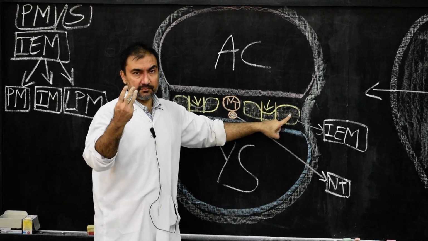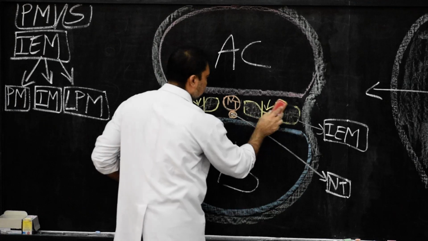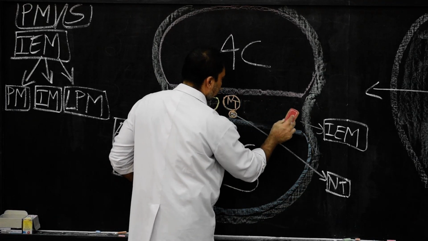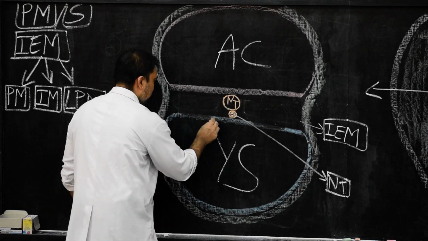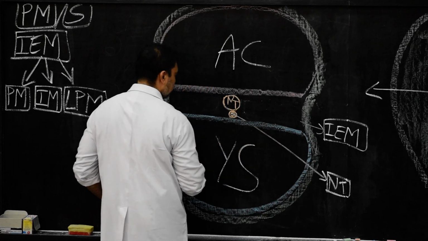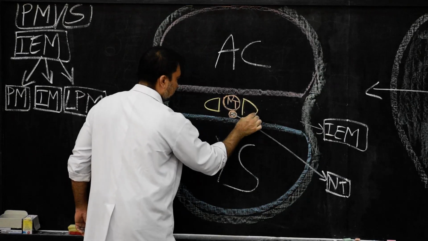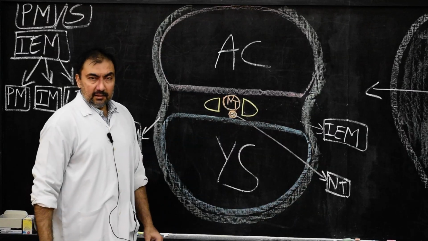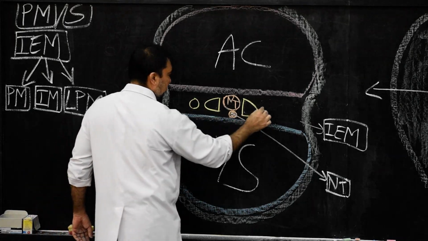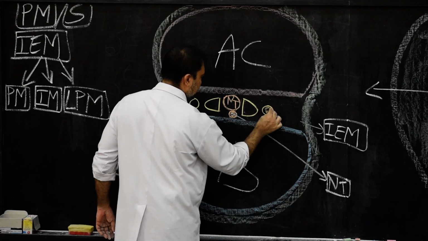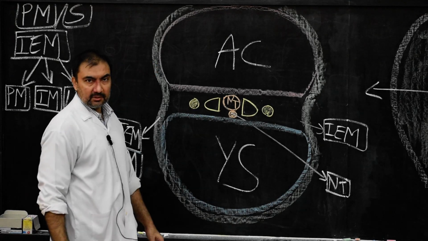Three different structures. Now in the next diagram, I will mark all three parts of the intraembryonic mesoderm. For example, this is the paraxial mesoderm. Please draw this: a triangular, small cubical mass, paraxial mesoderm. Second, please draw this longitudinal rod-like structure, and this will become intermediate mesoderm.